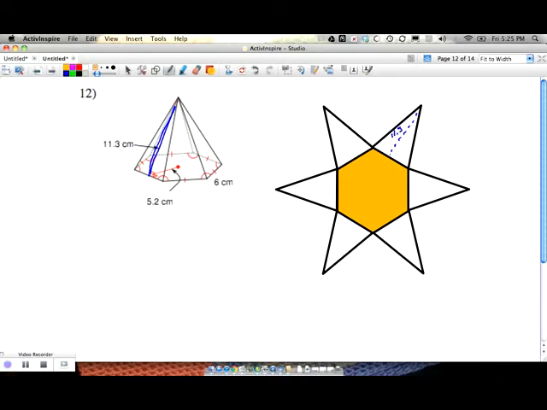And then we have the apothem height, which goes from the middle of the base out to the edge of that regular polygon there. And then we got all these base edges, which are 6. So we got 6, 6, 6, 6, 6, and 6 again.